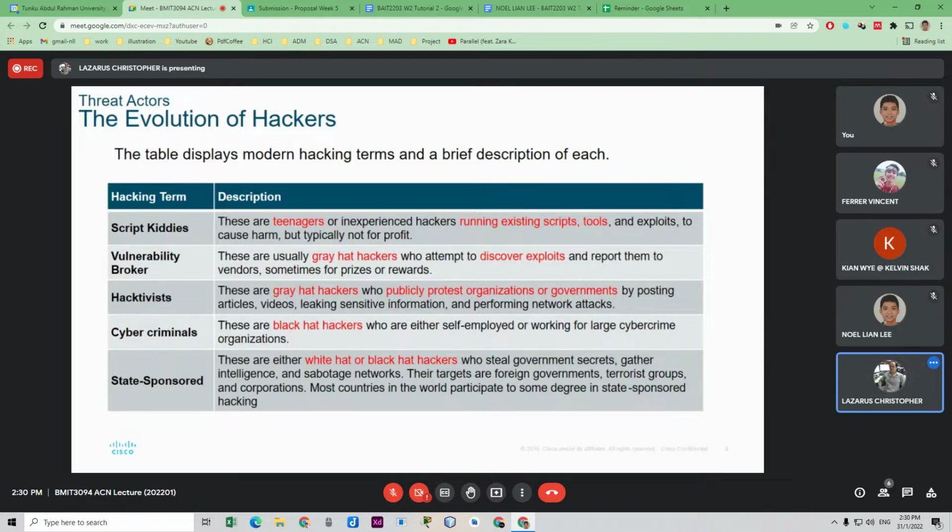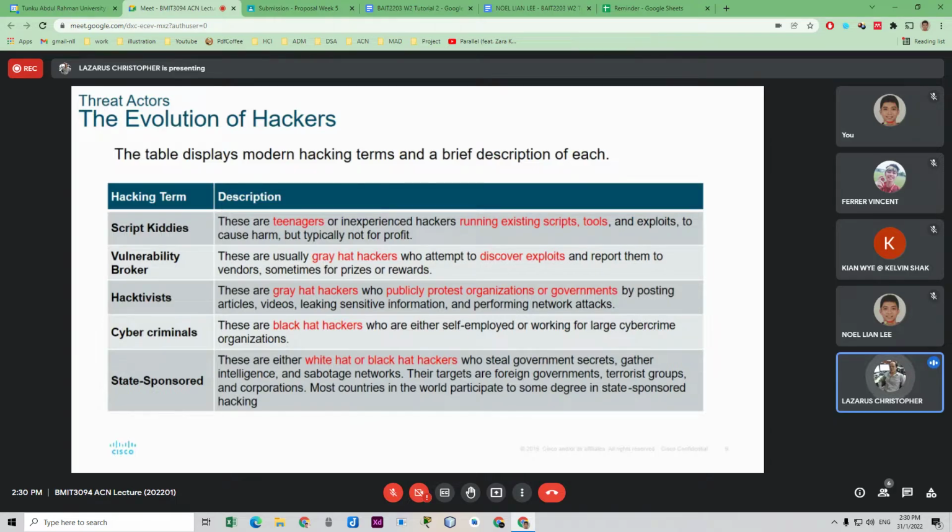So you can see, they basically go to a hacking website or hacking forum. They see a copy of the script, they download it and then they use it. They normally don't do it for profit, but just to show off that they're able to do it, or for their own ideology.